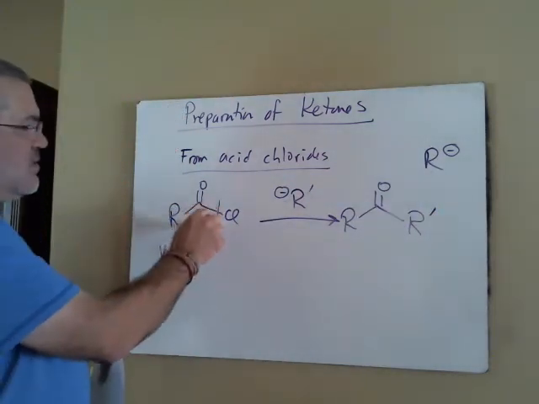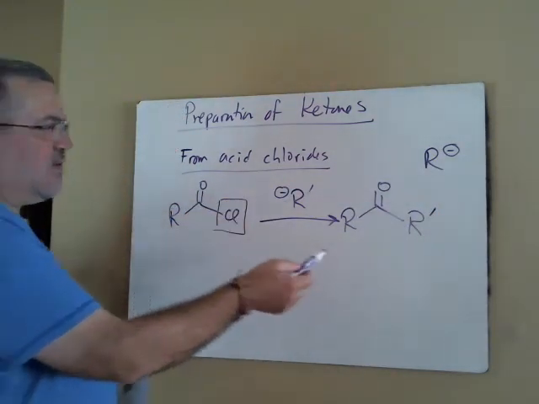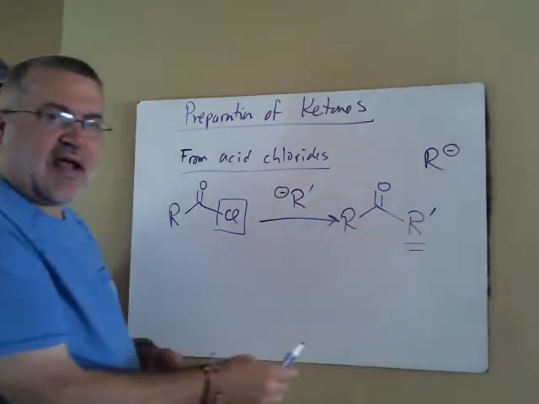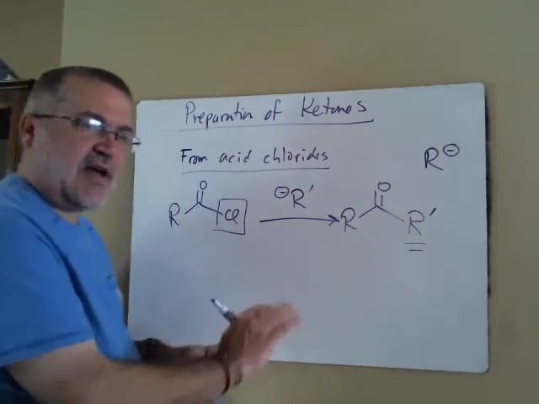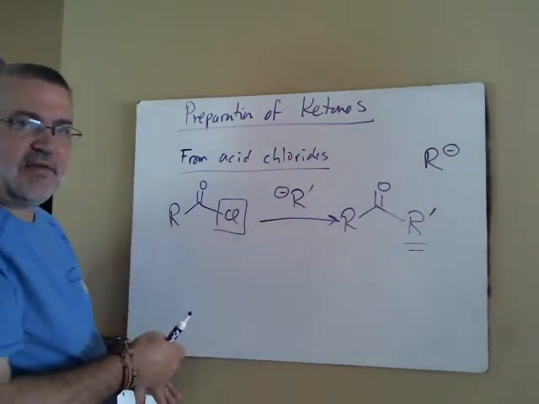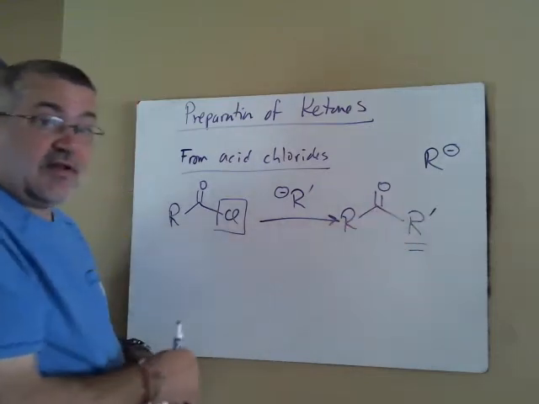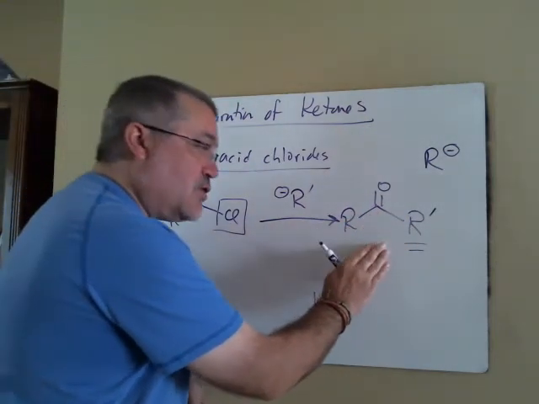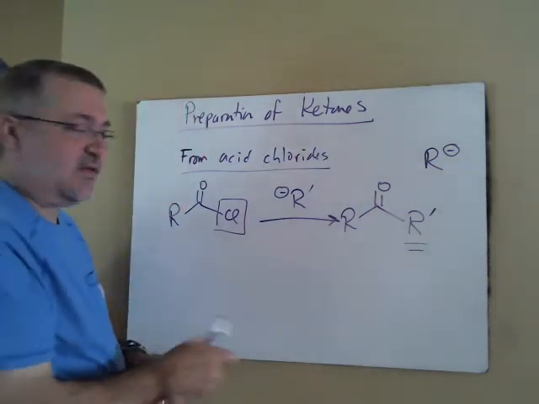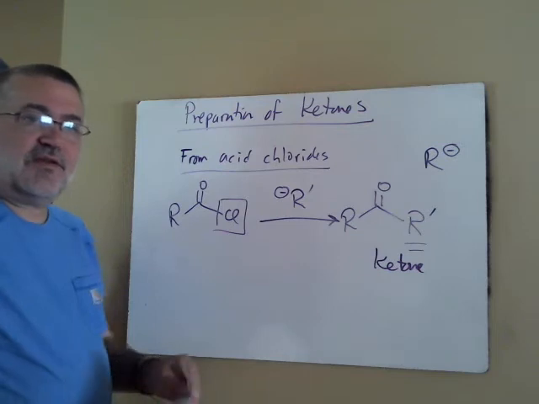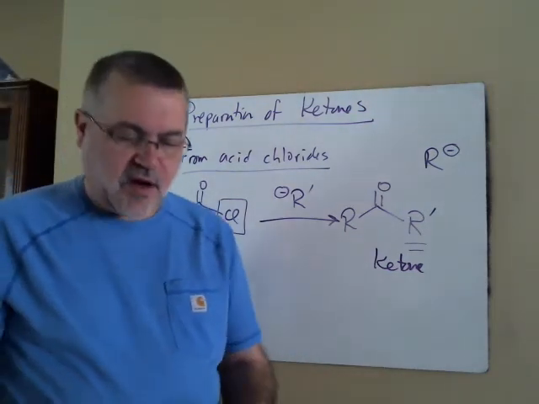The chlorine is in the box here as a leaving group, and so my R group is basically substituting for that, and then the reaction stops. There's not a second equivalent of R minus that reacts, because that would give us the overall addition, the alcohol. We want it to stop with the partial alkylation at that step, and that would give us the ketone. For the reasons we just explained, it can't be the Grignard that does that.